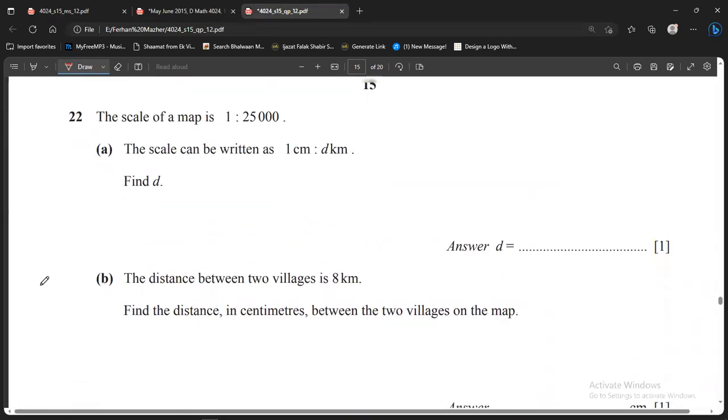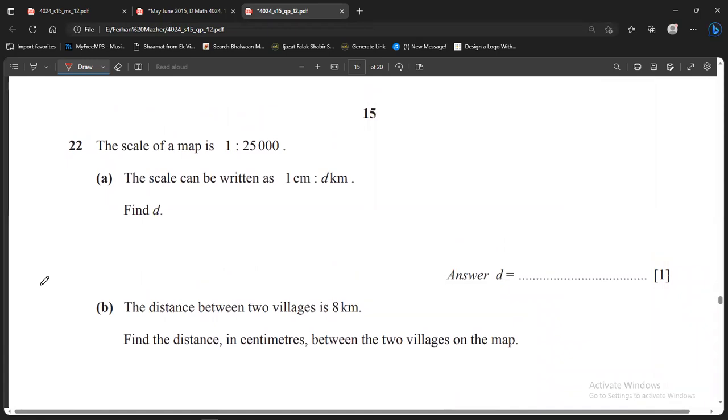The next question is question number 22. The scale of a map is 1:25,000. The scale can be written as 1 centimeter ratio d kilometer. So find the d.